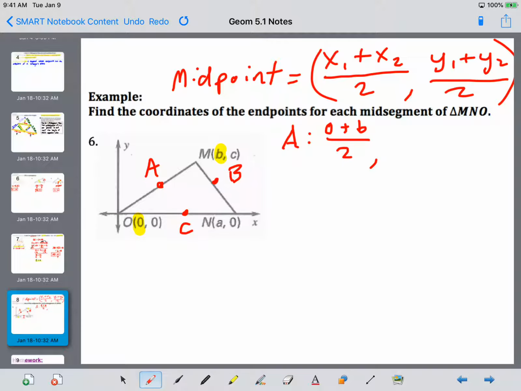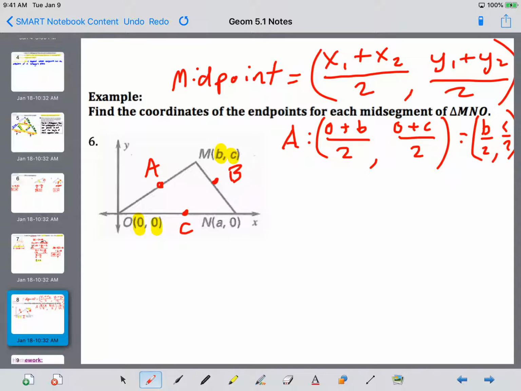And then we're going to take the y values, 0 and C, add them together. So we get 0 plus C, and then we divide by 2. Okay, and we can simplify that. 0 plus B is just B over 2. 0 plus C is C over 2. So this would be the midpoint of O and M.